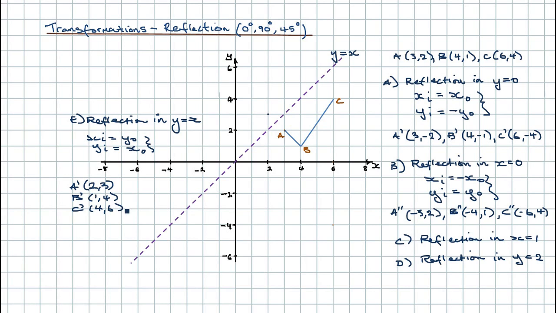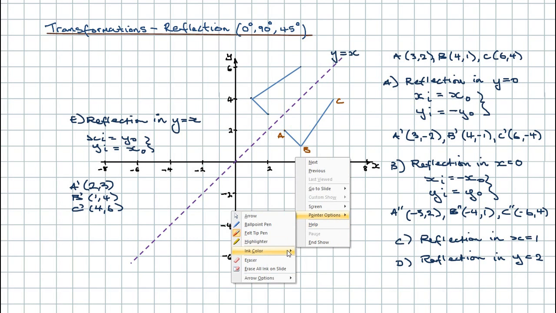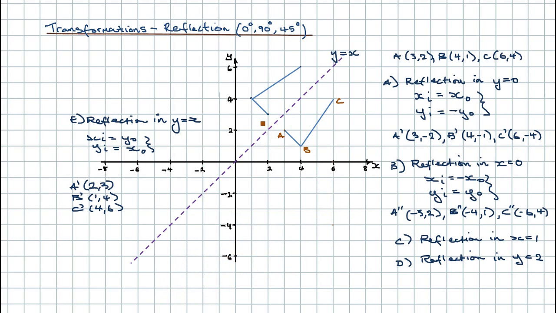Okay, so 2, 3 is here, 1, 4 is here, and 4, 6 goes up here. Let's just draw those in then. Okay, and label them correctly. A prime, B prime, and C prime. Like that.